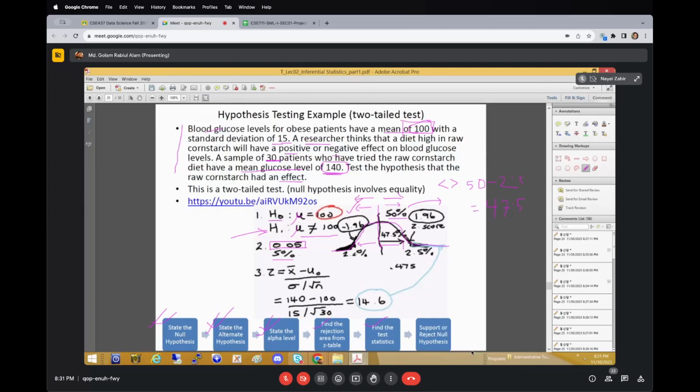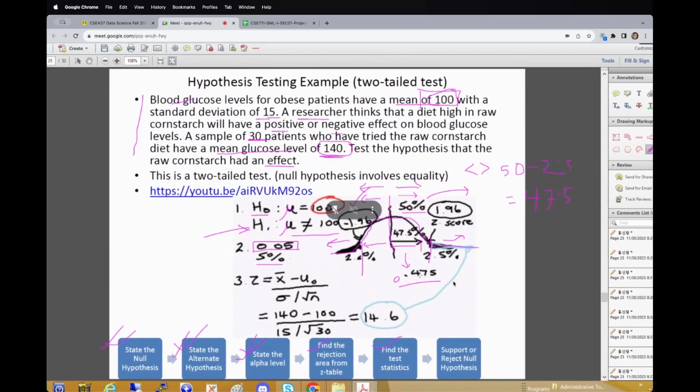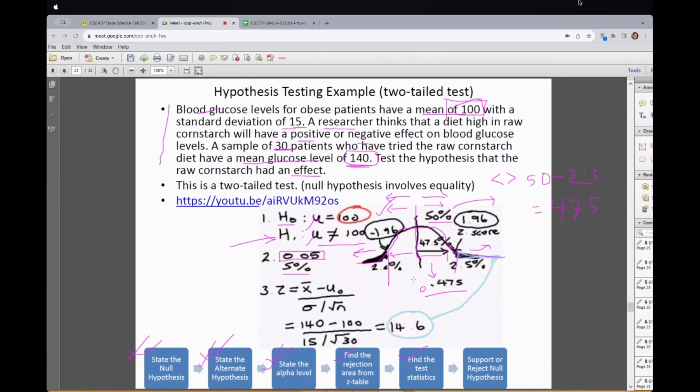It means that within this range it will be acceptable, and the rest of the part, this part, will be our rejection zone. So 47.5% is equivalent to 0.475.